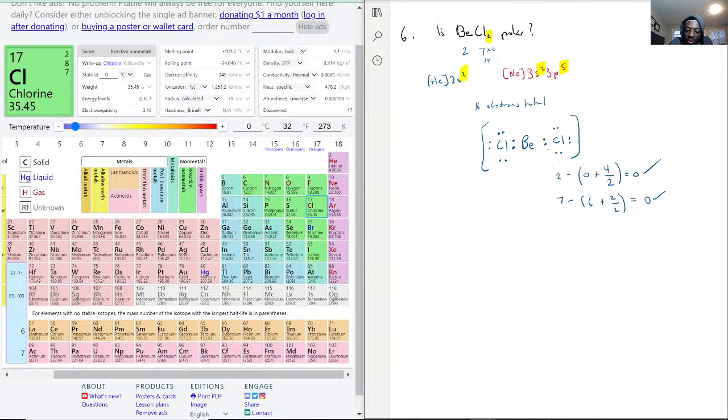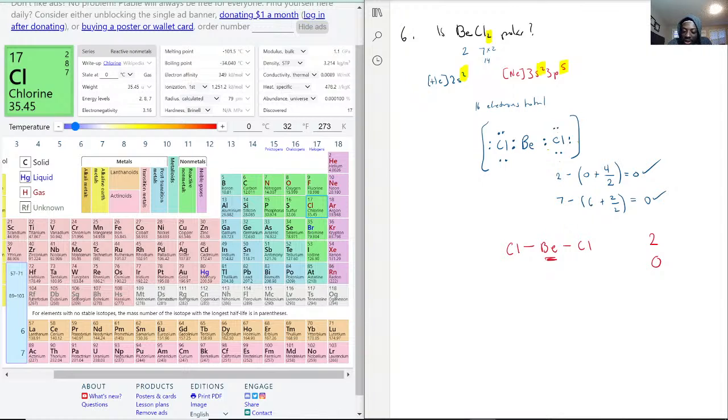So now, because we see one bond, let's just redraw it. We have Cl, Be, Cl. So with this being said, we have a bond electron number of 2, okay? And we have 0 lone pairs, at least on the beryllium, because that's what we're referring to. Not the chlorine, but the beryllium, the atom in the middle, okay?